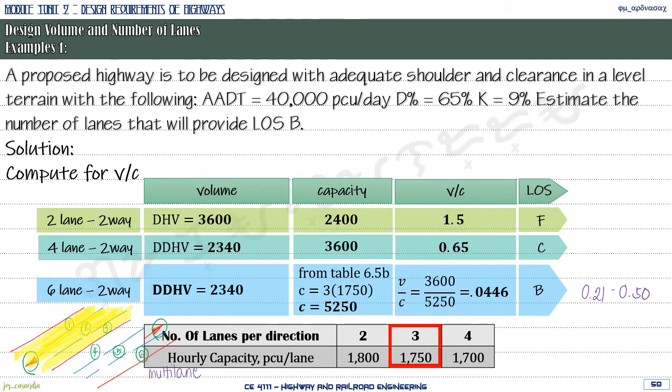So it is within the range of LOS B. So therefore, our answer now should be a 6-lane two-way highway. So this is our design for our proposed highway with 40,000 PCU per day with 65% distribution per direction, or for the higher direction.